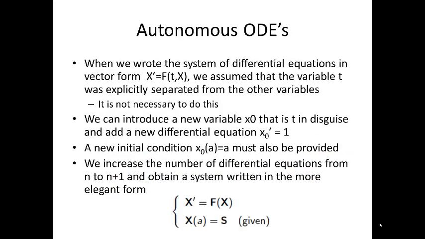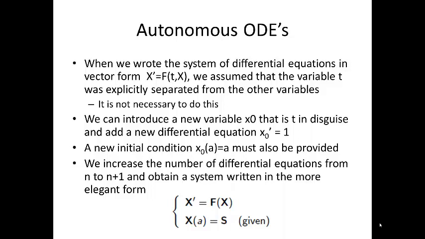When we wrote the system of differential equations in vector form, capital X prime is equal to f of t comma capital X, we assumed that the variable t was explicitly separated from the other variables. It's not necessary to do this. We can introduce a new variable x0 that is t in disguise and add a new differential equation x0 prime is equal to 1.